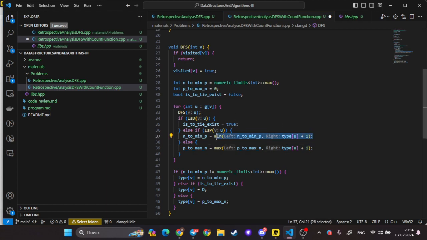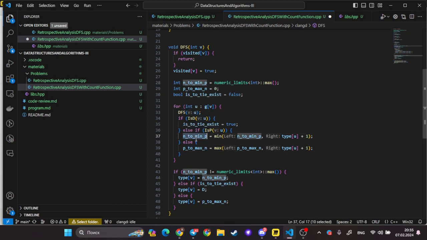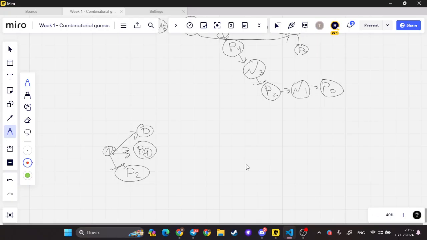We take the minimum of the current and the children count. Next, if we didn't find any p vertex, we need to look at whether we find n vertices or not, and we need to take the maximum.